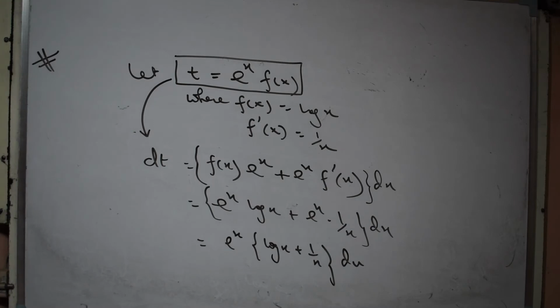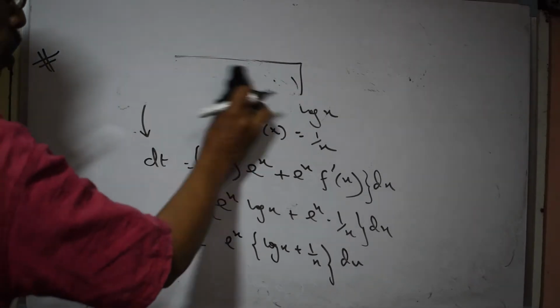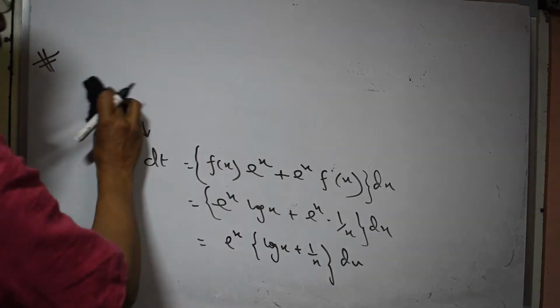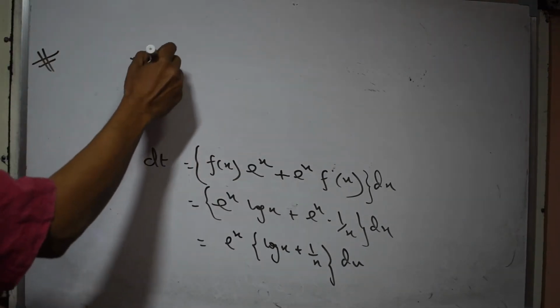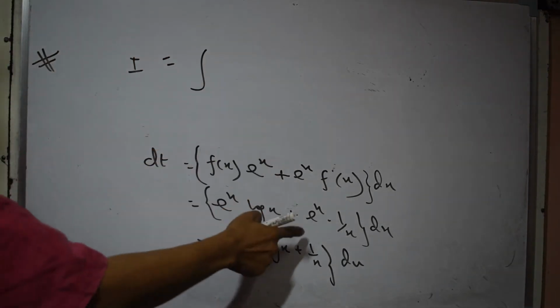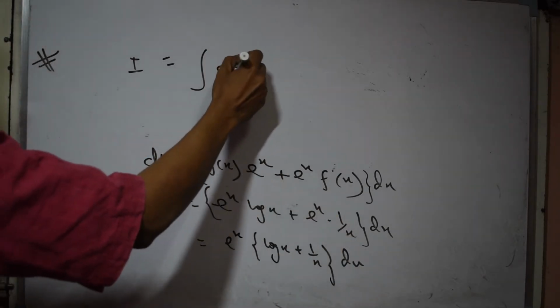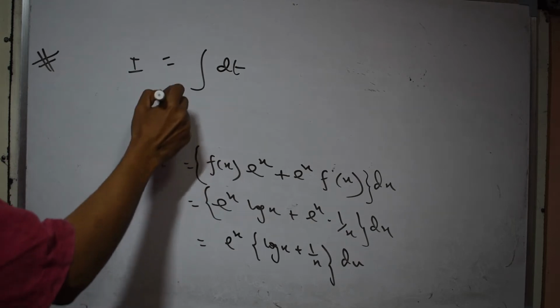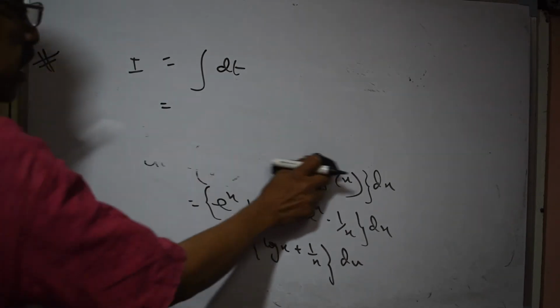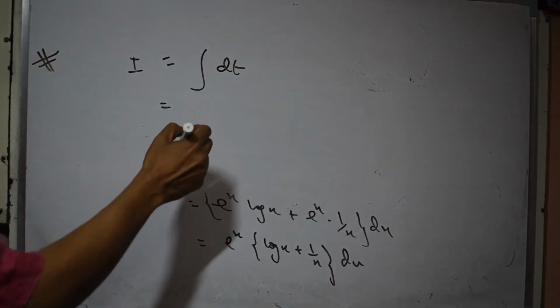So now go back to the problem. What is the problem? The whole one: e to the power x into log x plus 1 by x. If you look at the question, this whole part is now dt, and what is there is 1. So it is 1 dt, and the result is t only.